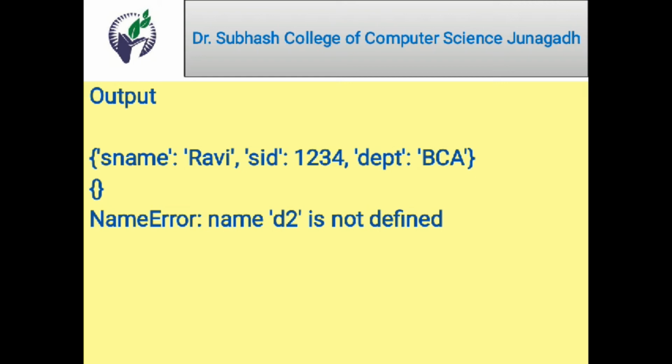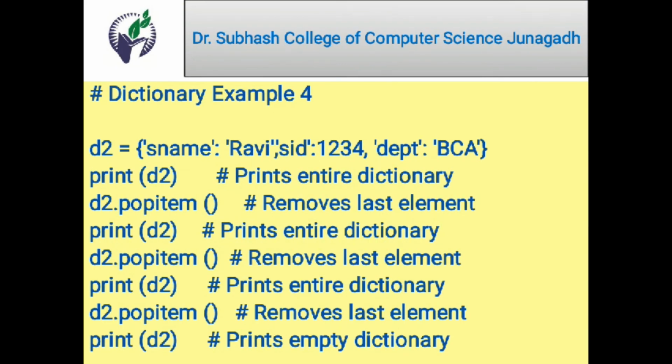Now, the last example that we will see. Here we have created one dictionary, and the entire dictionary is displayed. popitem works similar to stack push and pop. It will remove the last element, which means it will remove the department first. Again we are displaying, so after removing this it will display two items, student name and student ID. Again we perform D2.popitem.